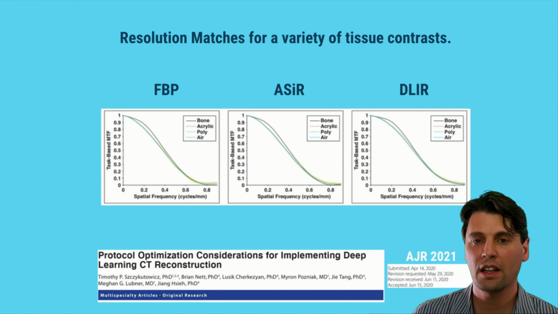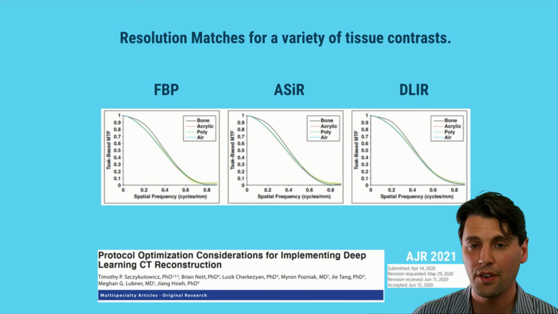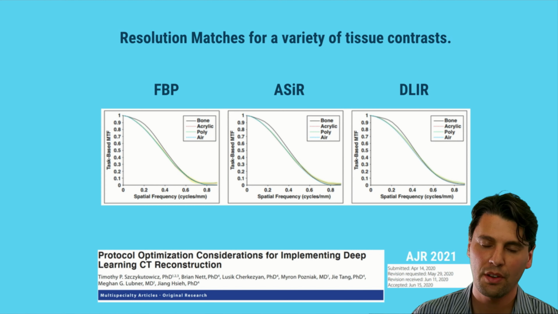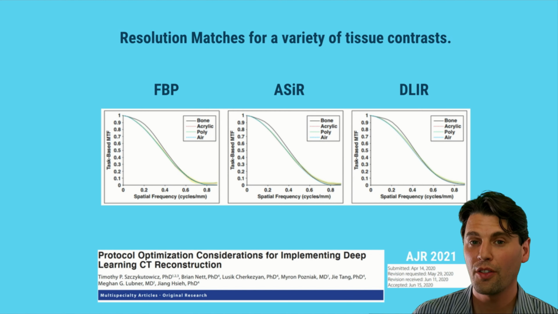In previous iterative reconstructions, it was shown that there was significant deviation between the different material types as far as what was called the task-dependent contrast noise ratio. But in this case, the deep learning is shown to have similar characteristics with filtered backprojection and similar characteristics amongst the different material types.